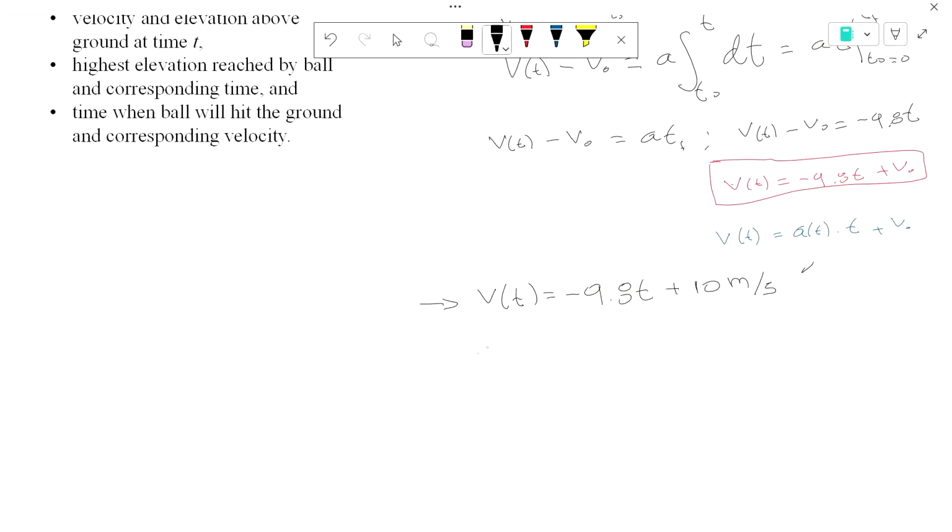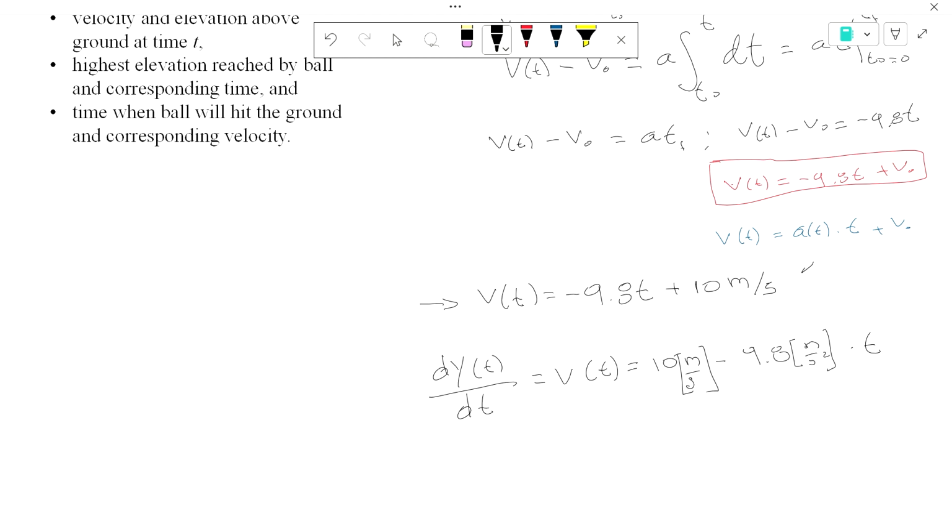And then we say that y as a function of t, remember that we're in the y direction, dt is equal to v of t, but that really is 10 meters per second minus 9.8 meters per second squared times t.